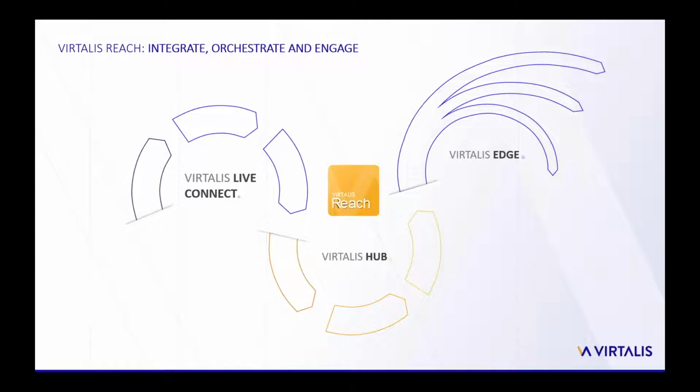But to give you some numbers to back that statement up, to run an instance of Virtalis Reach, the recommended minimum is 8 cores accessible to Kubernetes, 32 gigabytes of RAM, 75 gigabytes of local storage, and no GPU, no graphics processing unit is required in the server itself.